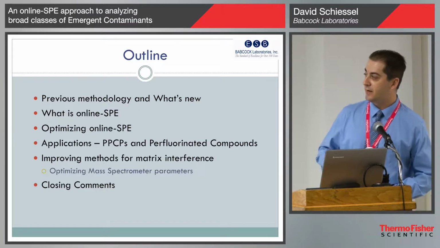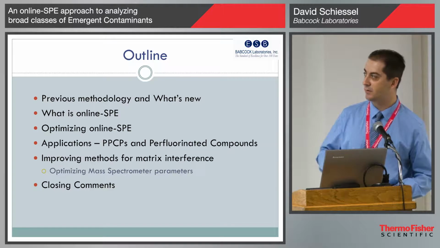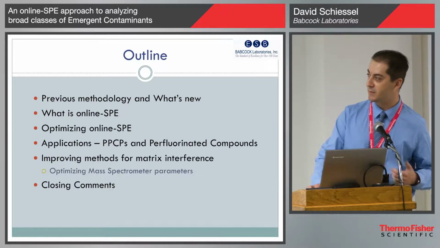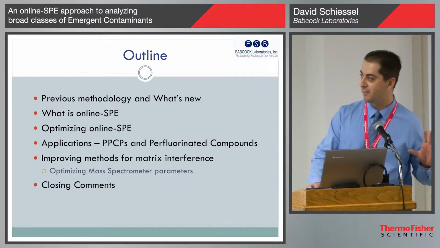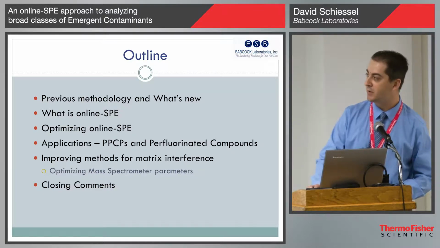Just as an outline of what I'm going to look at: previous methodology, which probably most of you are already familiar with, so I'll glance over that. And then what I mean by online-SPE, just so the terminology is, we're talking the same language.